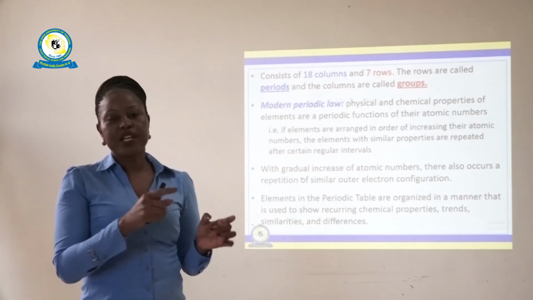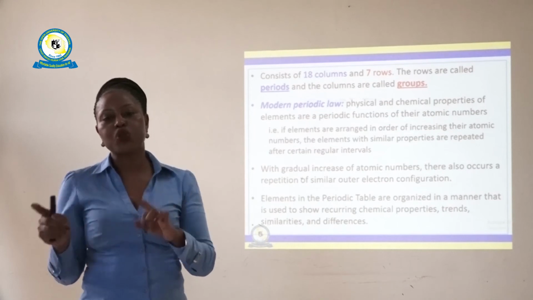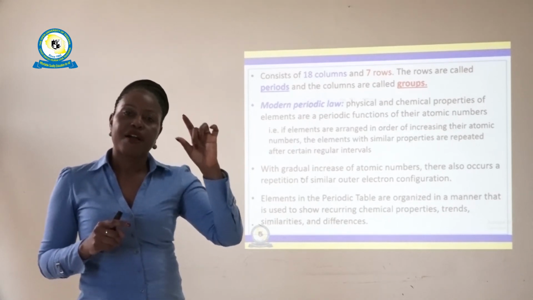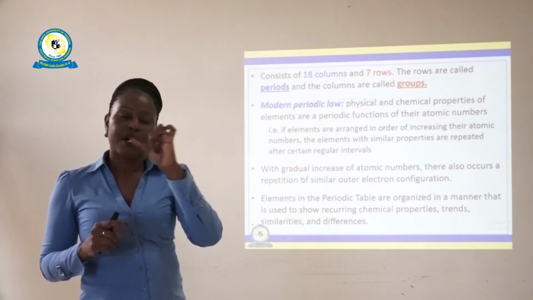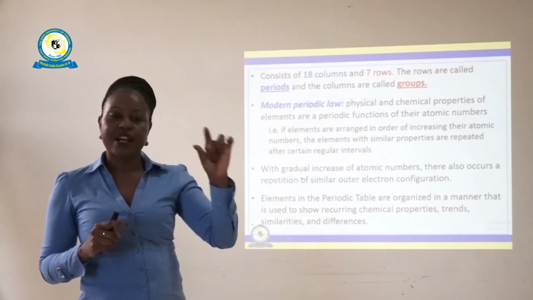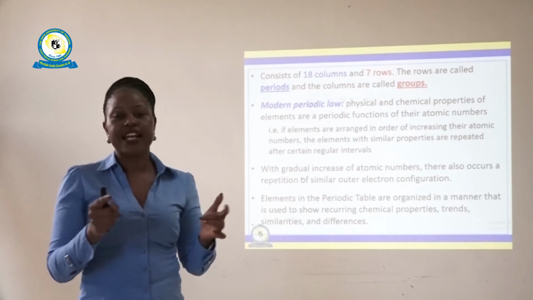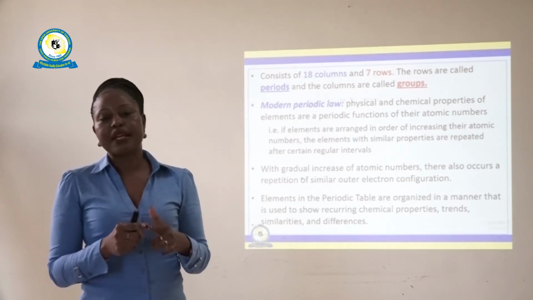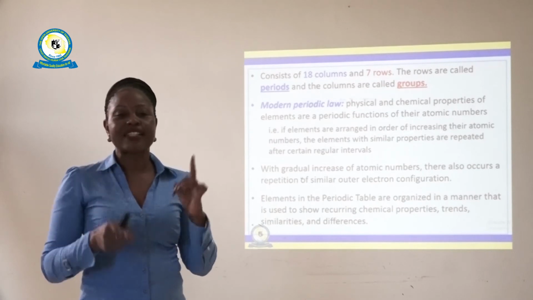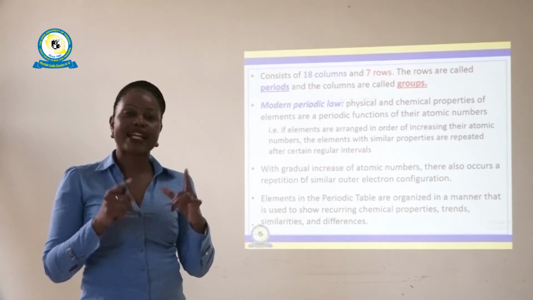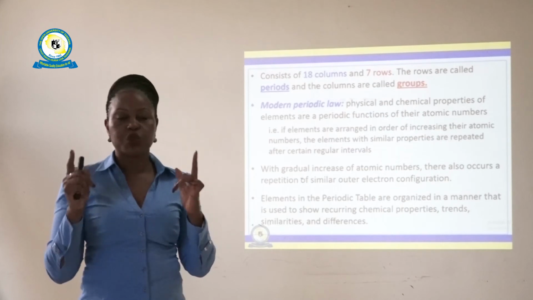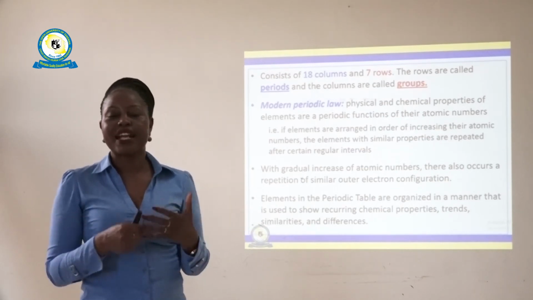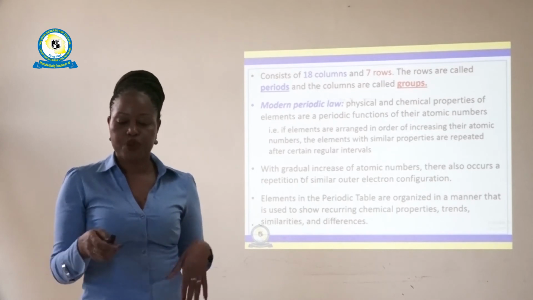With a gradual increase of atomic number, there also occurs a repetition of similar valence shell configuration, or the outer electron configuration. And elements in the periodic table are organized in a manner that is used to show recurring chemical as well as physical trends, differences, similarities, and so on and so forth.